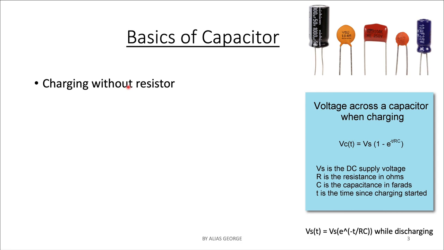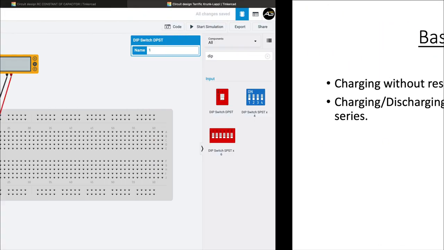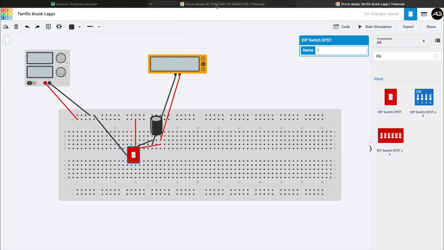So the next case is charging or discharging with the resistor in series. The equations written on the right side are valid for that case, and we will also be using Tinkercad to explain this.